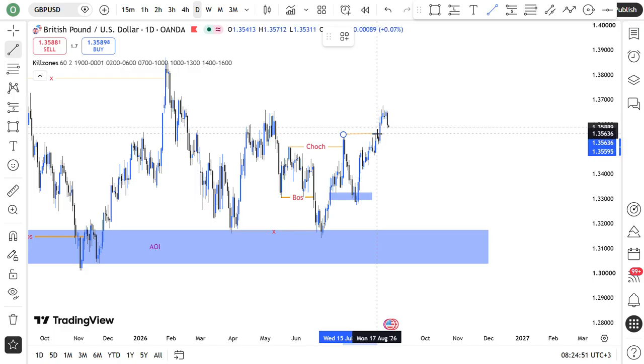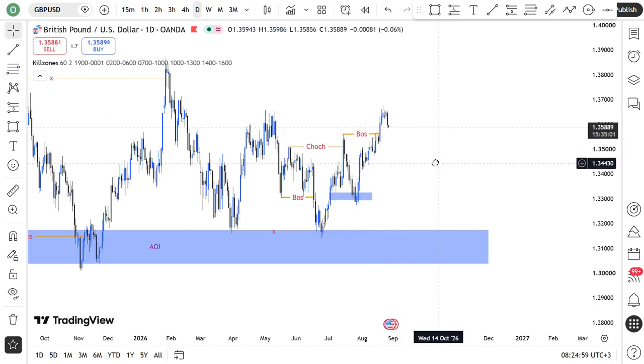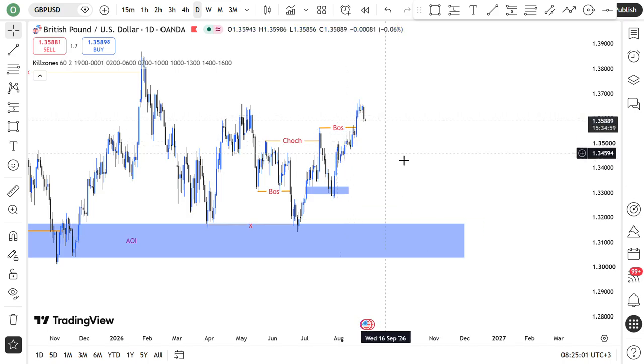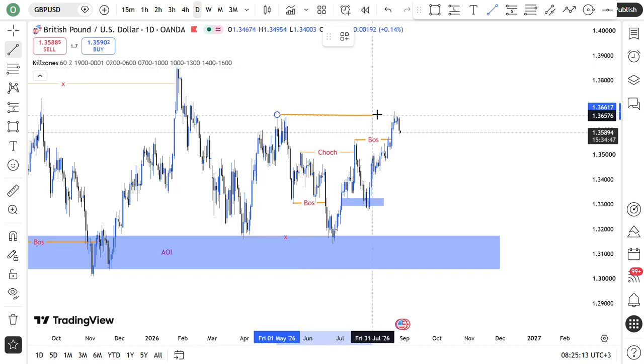So now, what are we expecting from a daily time frame? After this break of structure, we expect at least a trade continuation. So whenever we see external liquidity being taken out, we expect at least price to come inside to take out internal liquidities before we get another aggressive move. So right now you can see clearly we have this break of structure, which is a recent break of structure, and now price has come aggressively to sweep out all of the liquidities that were lying on this high.